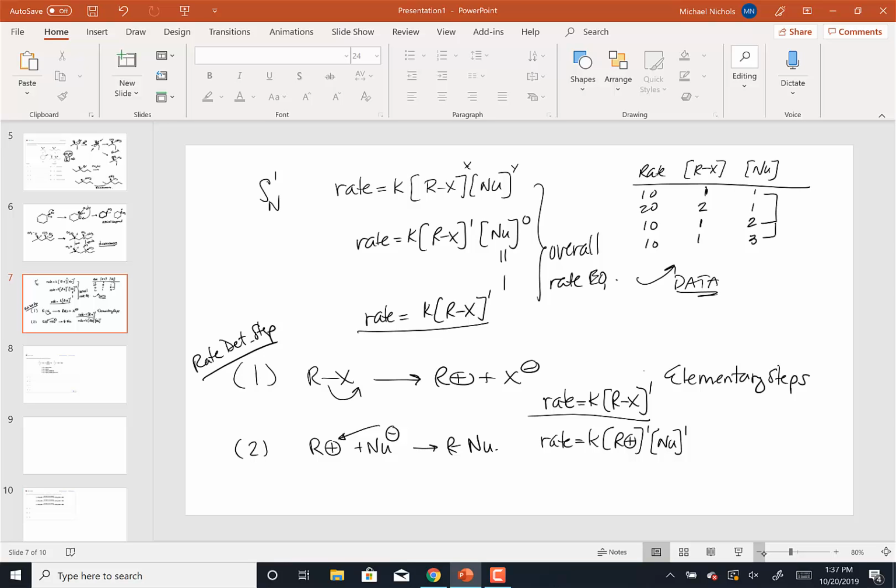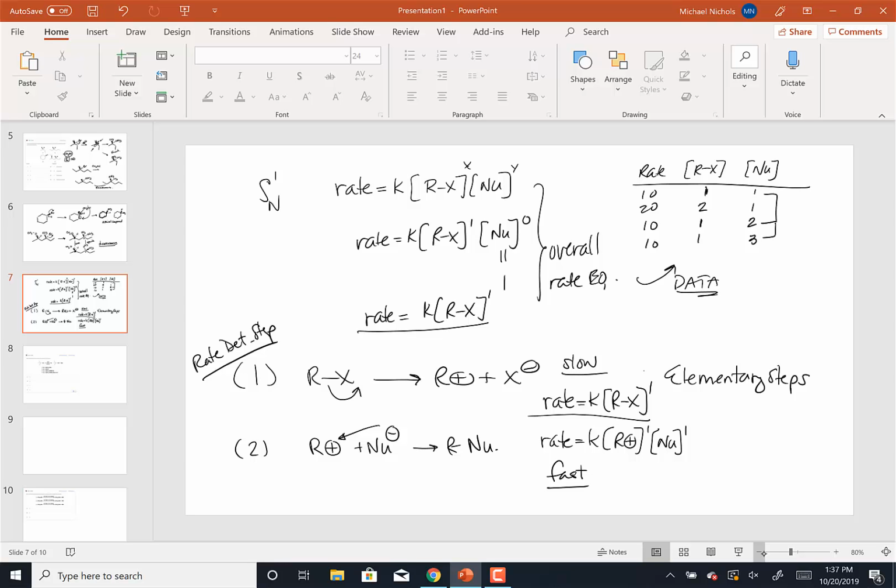The overall rate equation has to match the slowest step in the mechanism, and that was the first step. So the first step in this reaction is the slow step. The second step is the fast step.